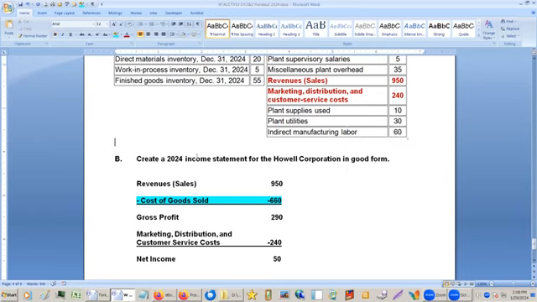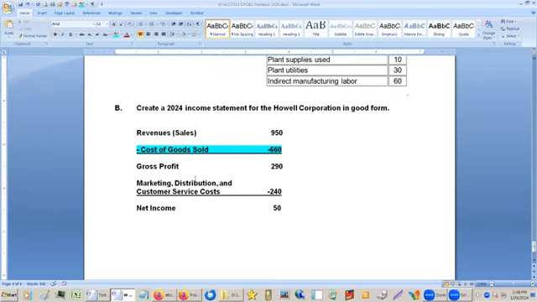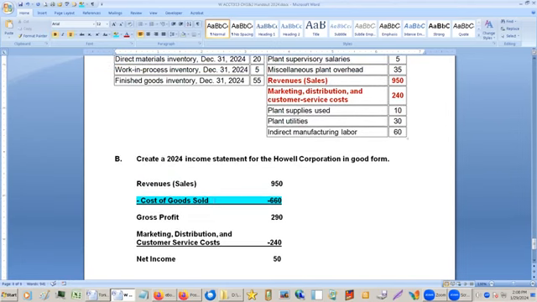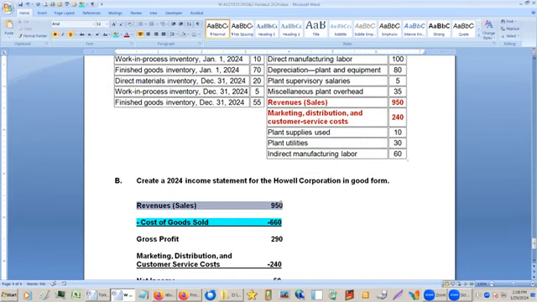So cost of goods sold is 650. So we have the revenues. This is money coming in. So revenues are money coming in.